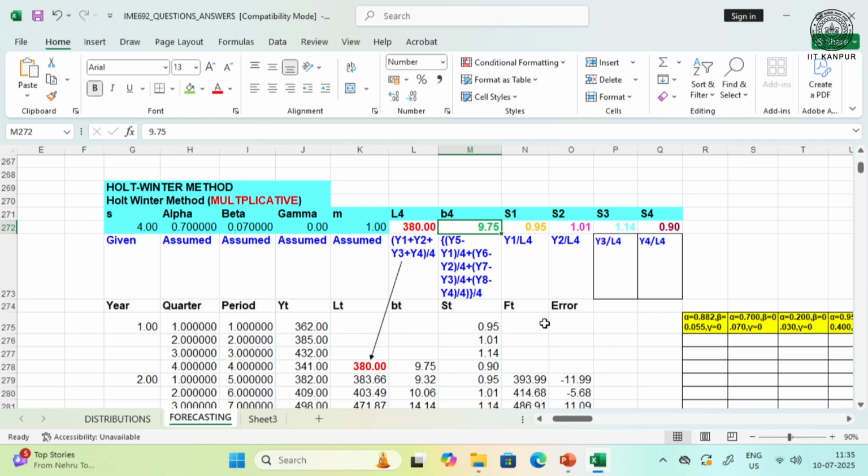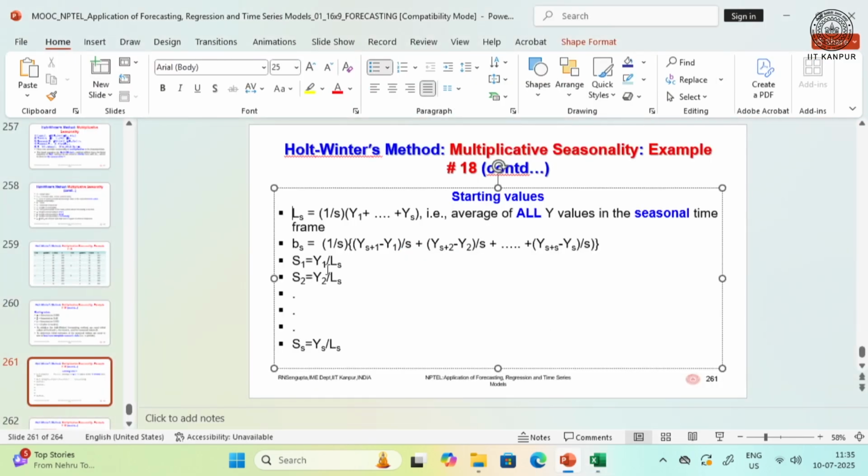If you go back to this formula, you find out the concepts accordingly. So, you have the ratio which you are considering, the difference ys plus 1 minus y1, ys plus 2 minus y2.